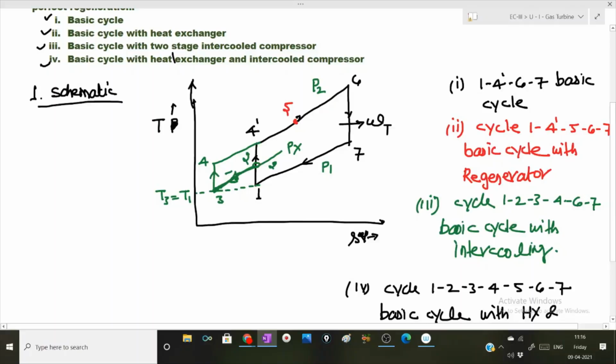Cycle 1-2-3-4-6-7 is the basic cycle with intercooling, and cycle 1-2-3-4-5-6-7 is the basic cycle with regenerator and intercooling.